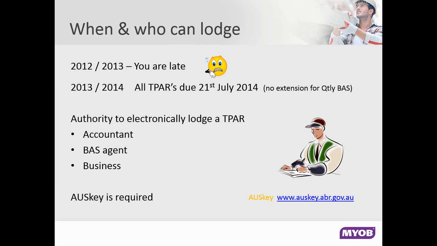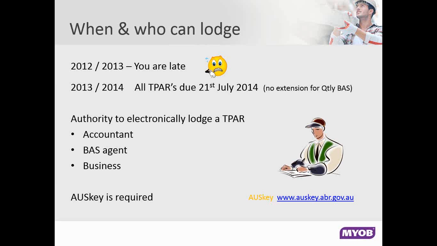An Oz key can be obtained by going to www.ozkey.abr.gov.au. And what an Oz key is, it's a digital certificate, and all it does is it recognises you as a specific person who is able to lodge specific forms for a specific company.